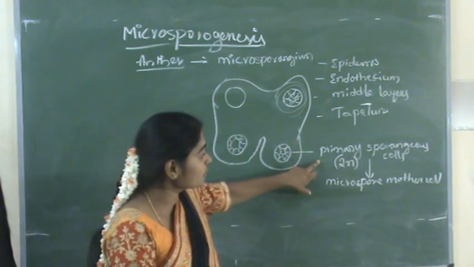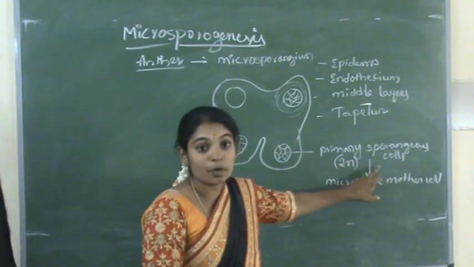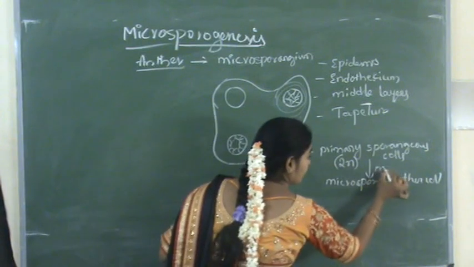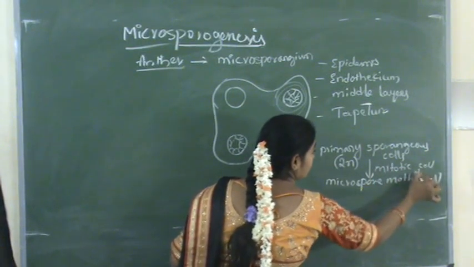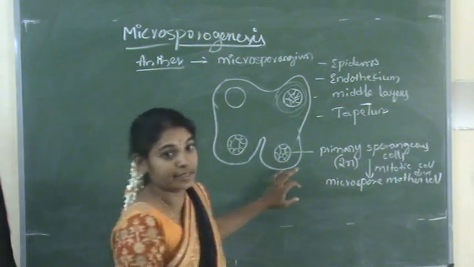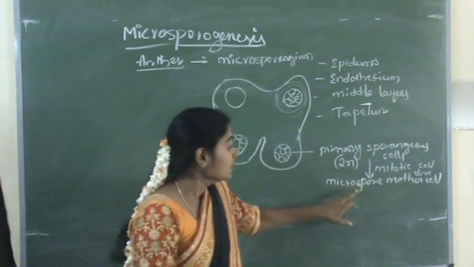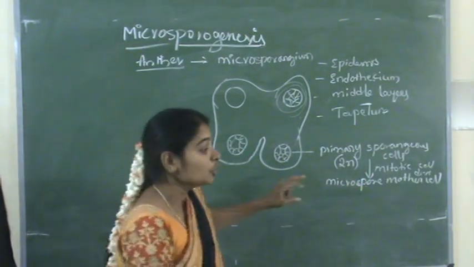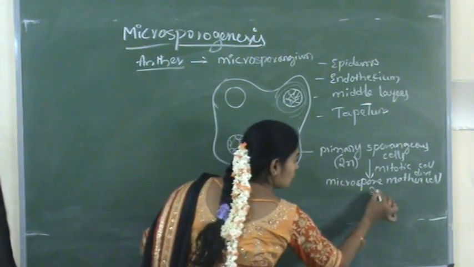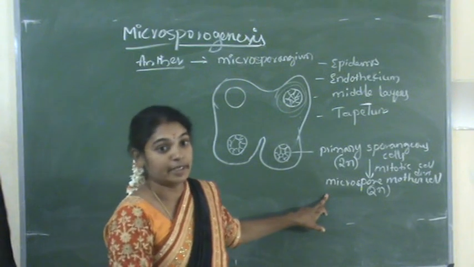Here also the primary sporangious cells undergo mitotic cell division. As a result of this mitotic division, the microspore mother cells also have 2 sets of chromosomes, so here also the ploidy is diploid.